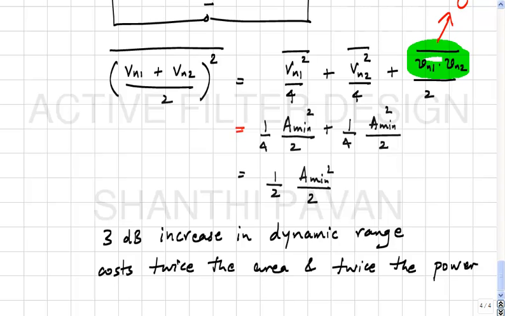So you can never expect a filter with a dynamic range of 90 dB to consume a lot less power than the same filter transfer function designed for 40 dB dynamic range. But in order to compare the quality of these designs, you need to account for the difference in dynamic range and so on.